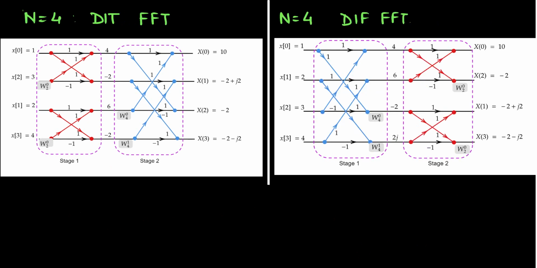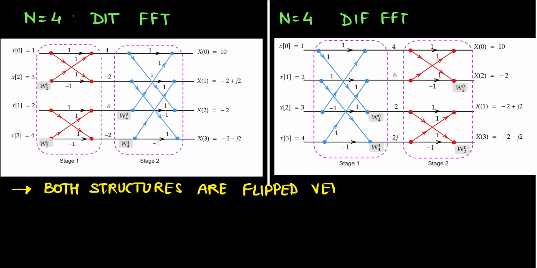So let us move ahead and try to compare the structures that we obtain for 4-point DIT FFT as well as 4-point DIF FFT. Both of these examples we had already seen previously, and if we look at both of these structures, then we can say that both are flipped versions of each other. The first observation is that both the structures are flipped versions of each other.